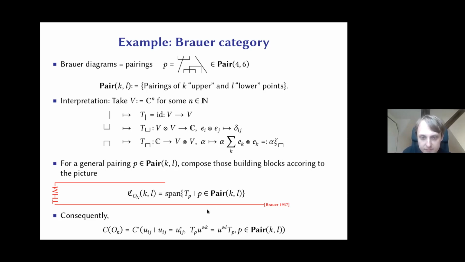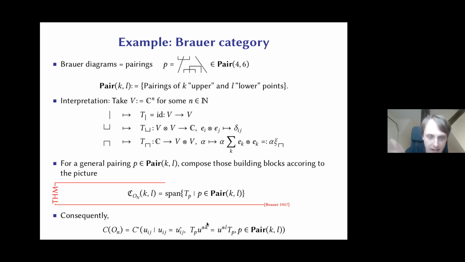So this means that the orthogonal group can be described as a quantum group where, okay, this is my assumption that all those u_ij's are self-adjoint, and in addition, in the algebra, I have all those relations coming from the intertwiners. Okay, so that's the reverse direction.